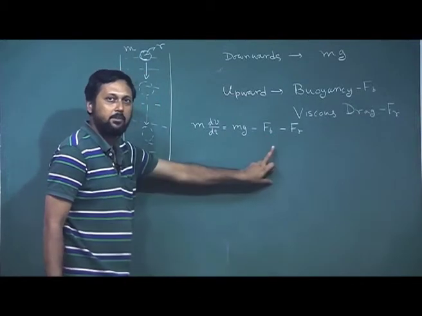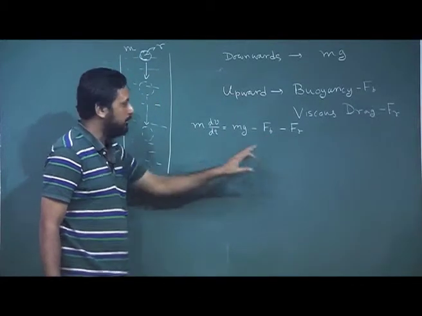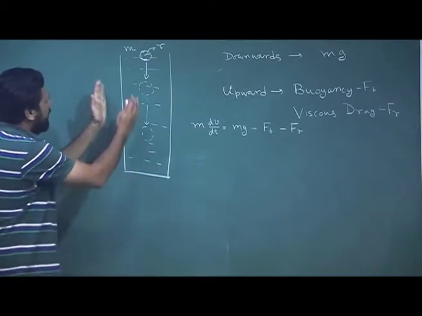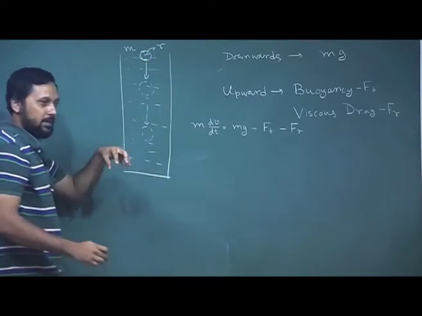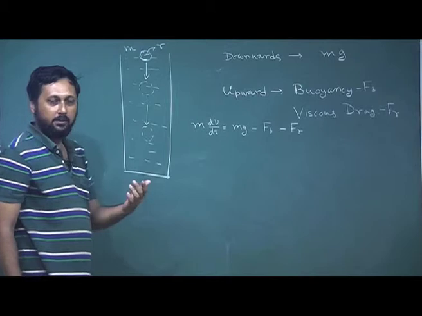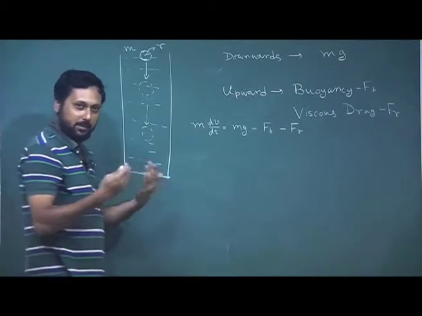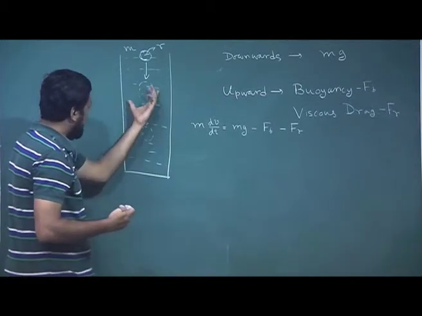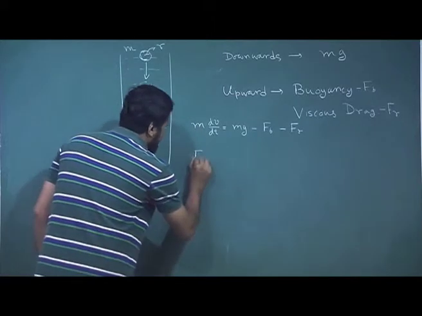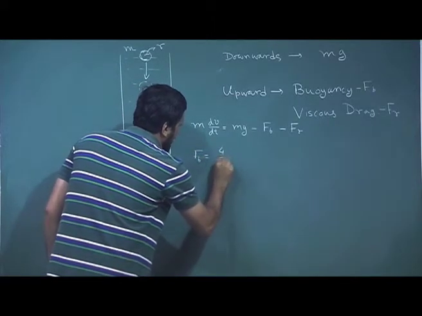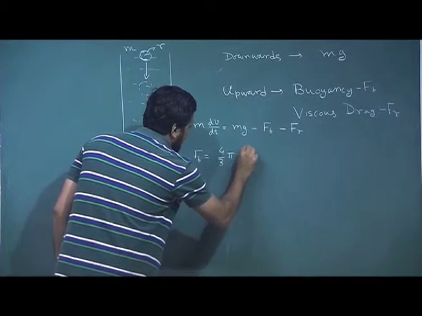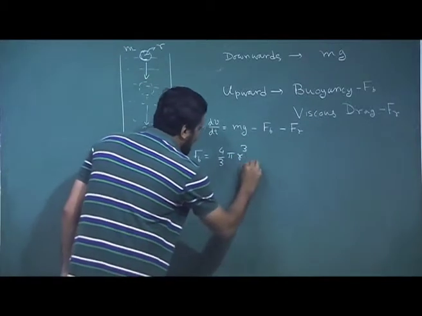The buoyancy force expression is pretty straightforward, we all know it. Buoyancy force will be the volume of this object multiplied by the density of this liquid. So, Fb will be (4/3)πr³ρ.